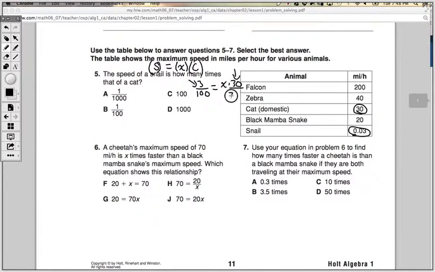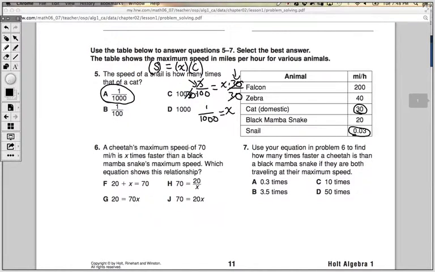So that would be divide both sides by 30, and we got 30 over 30 times X. So that's 1 over 1 on the right. That was easy. But on the left, we got 3 over 3, and then this is really a 10 times 100, or 1 over 1,000. So it looks like the answer would be A, based on my interpretation of this, because it sounded like the snail is so many times a cat speed. And that's how we came up with these multiplying and equals there.